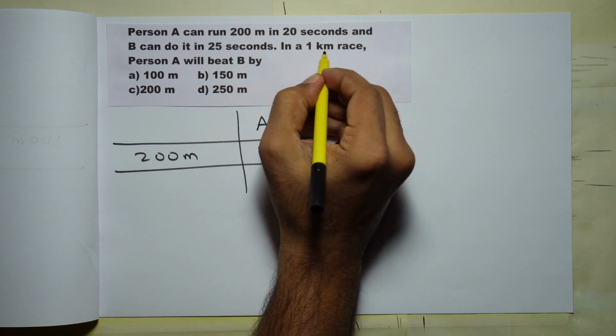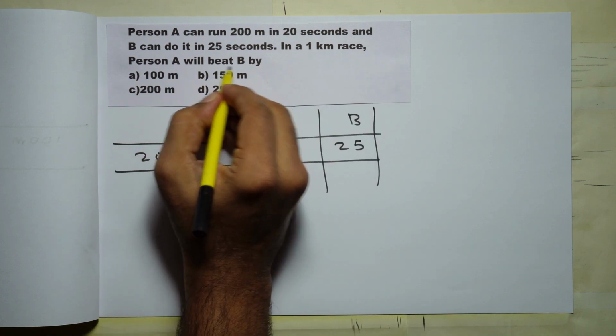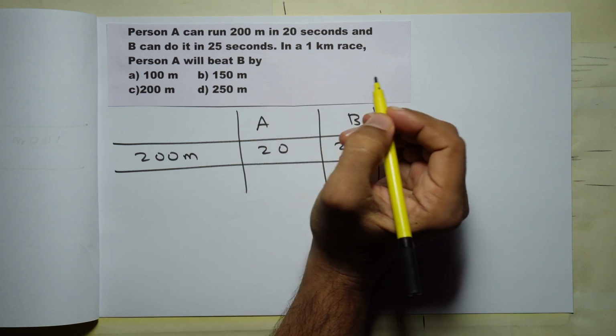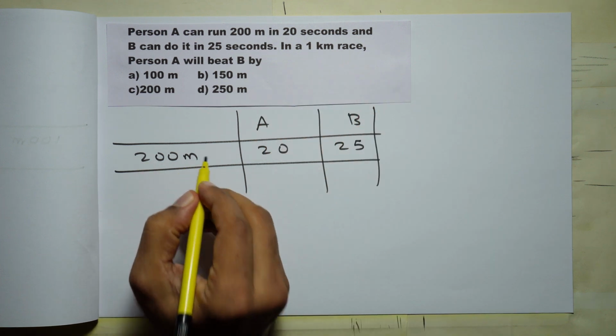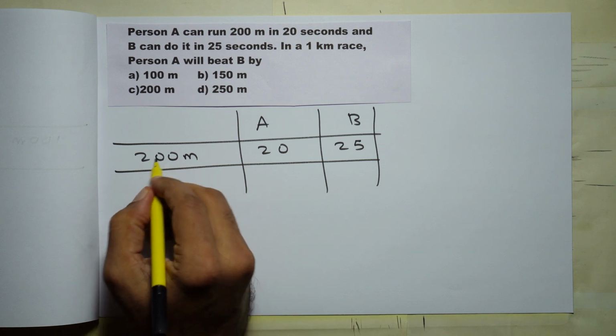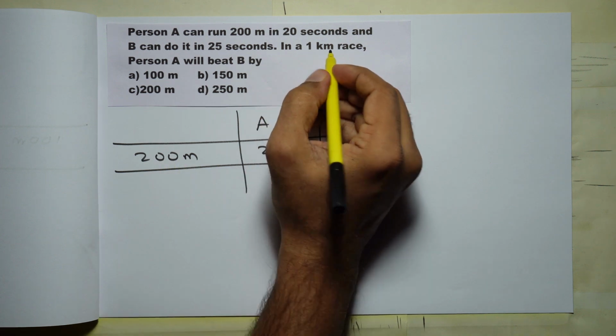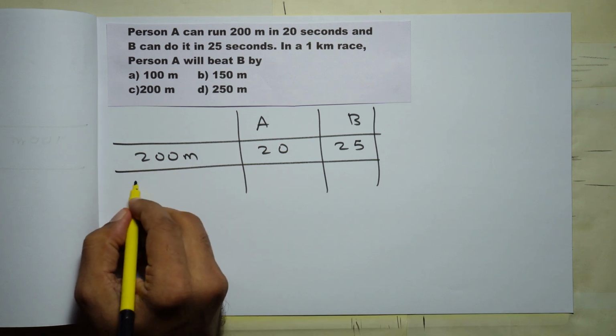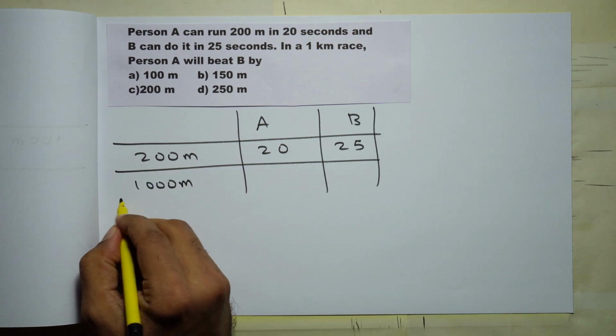Now the question is, in a 1 kilometer race, person A will beat B by how much distance? Now they are running a 1 kilometer race. Now 200 into 5 is 1000 meters. 1000 meters is same as 1 kilometer. So if you make the distance 5 times, 200 into 5, it will be 1000 meters or 1 kilometer.